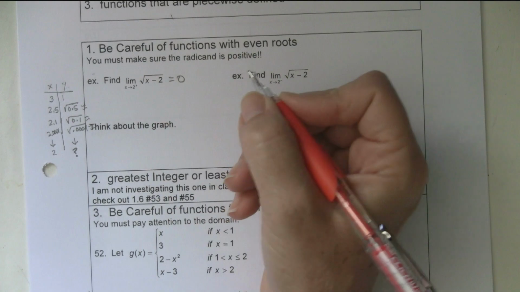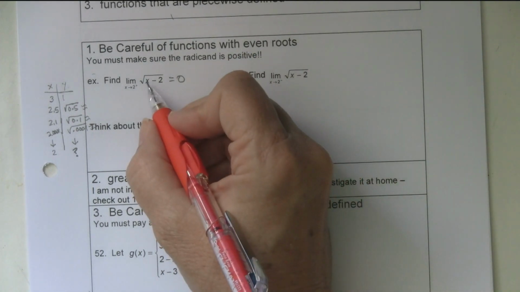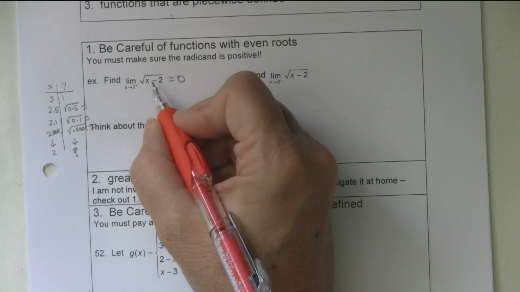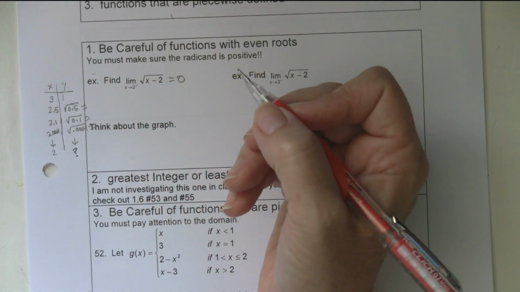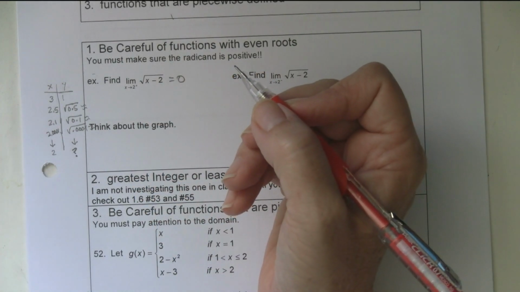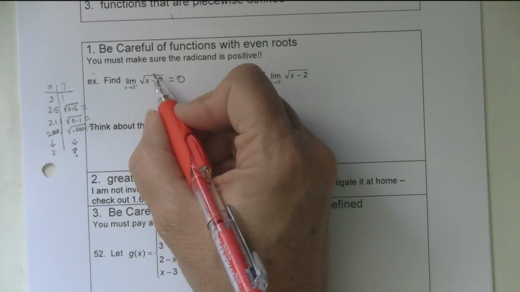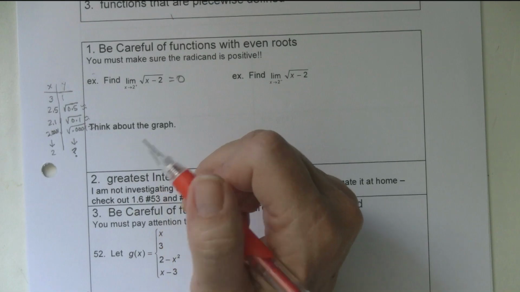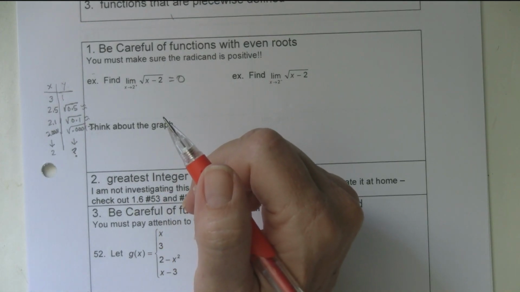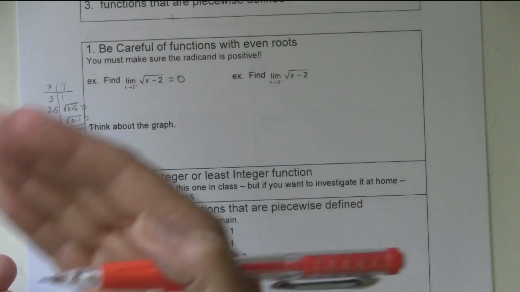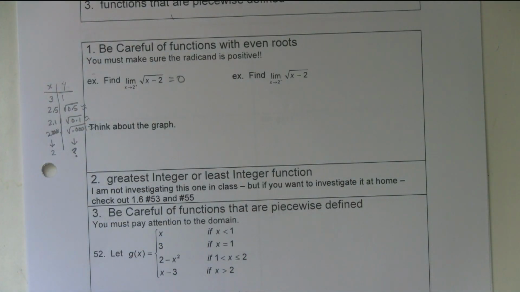And the reason it was okay for me to use direct substitution, 2 in here, and 2 minus 2 is 0, and the square root of 0 is 0, is that the underneath part, the radicand, was always positive. So for every value that I would have put marching in to 2, it would have been positive.